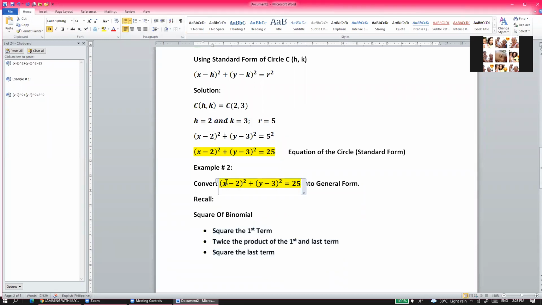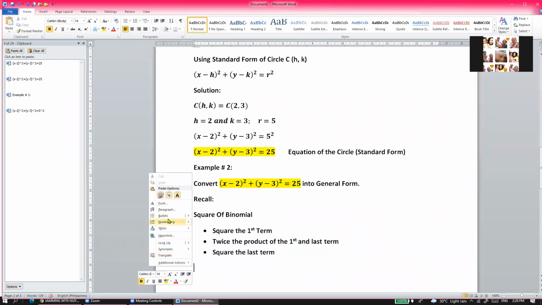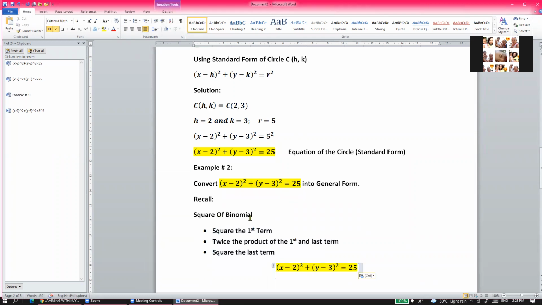Now, copy-paste ko uli yung given natin. Apply natin ngayon yung square of binomial. Alisin ko muna ang pagkaka-highlight ng ibang naka-yellow. Clear ko muna yung kulay.